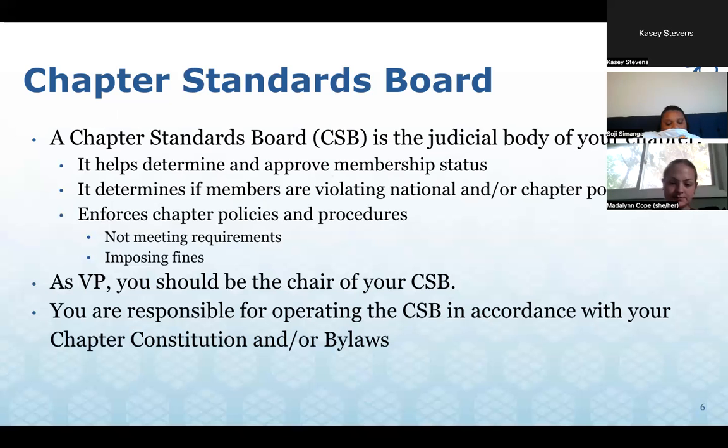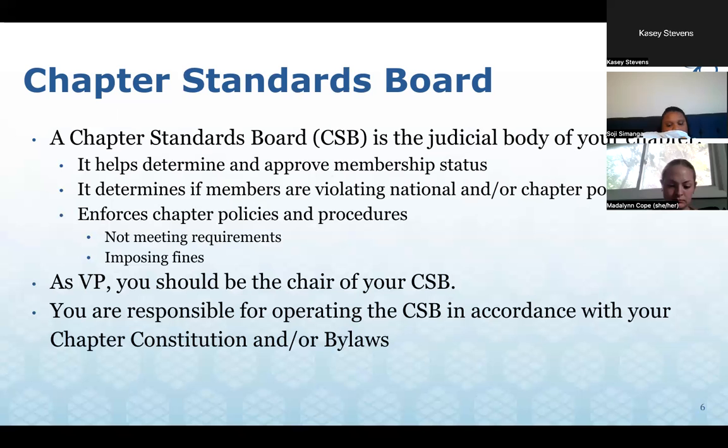Those policies are now out of the constitution, but there are still things that your members should be very well aware of because they are national things. Your chapter might have additional policies and procedures that you put in place. So CSB really enforces all of that.